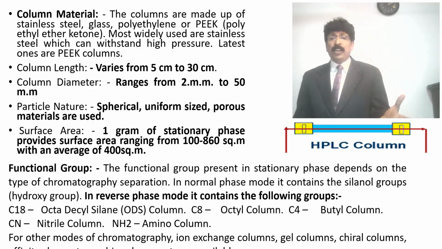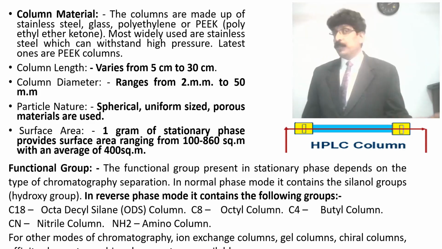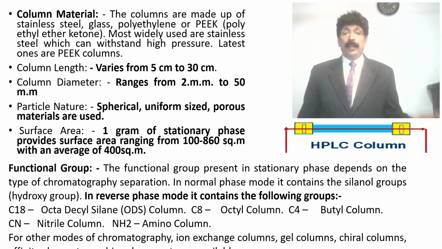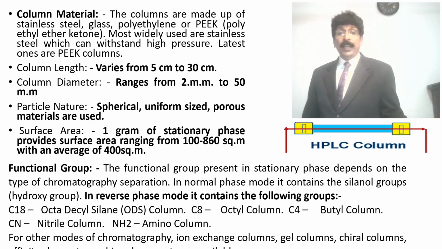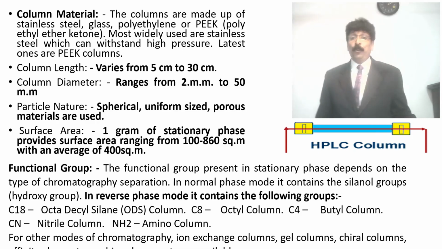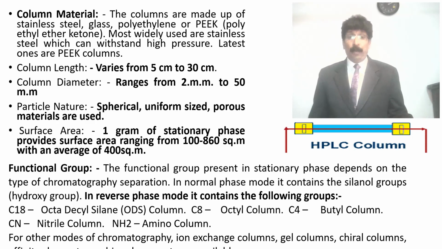The functional group present in the stationary phase depends on the type of chromatography separation. In normal phase mode, it contains silanol groups, hydroxyl groups. In reverse phase mode, it contains the following groups: C18, octadecyl silane, ODS column, C8, octyl column, C4, butyl column, CN, nitrile column, NH2, amino column.